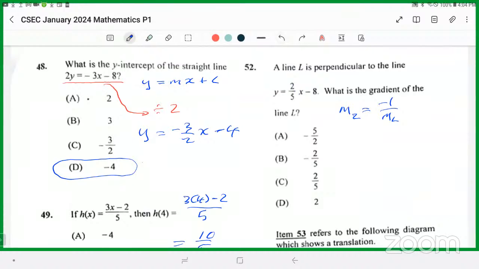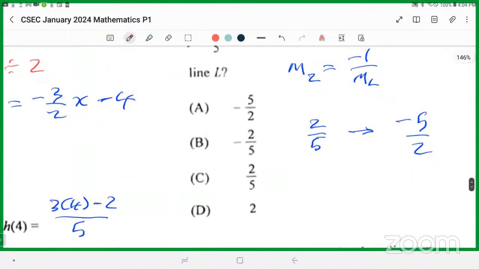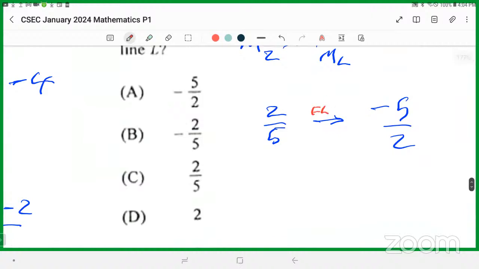So how do I write it? We have the 2 over 5, flip and change becomes minus 5 over 2. So I'm going to write that: flip and change the sign, positive or negative.